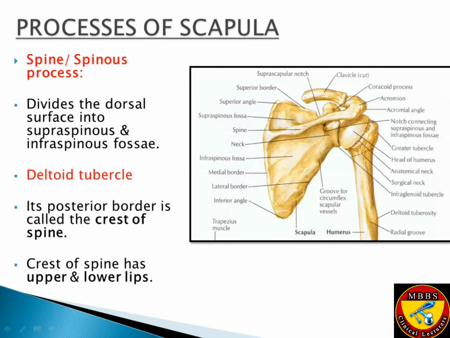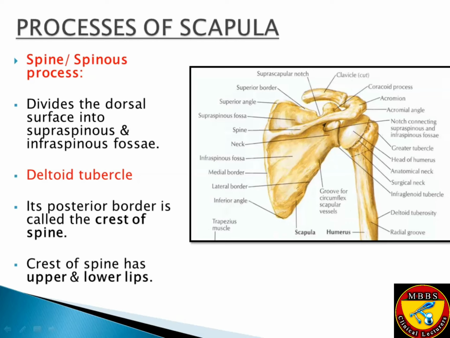The first process that we will discuss right now is the spinous process. It divides the dorsal surface into a supraspinous and infraspinous fossa. The spinous process, when it extends laterally, it continues as acromion process.